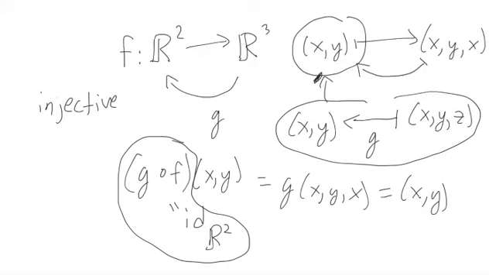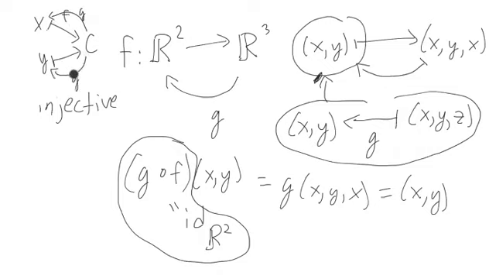If you take a codomain element and you think of two different things being sent to it via f, think about what happens. f will go this way and g will take it right back to itself.